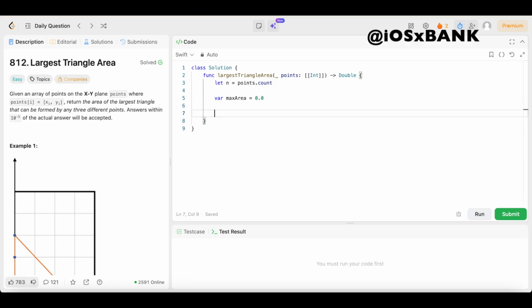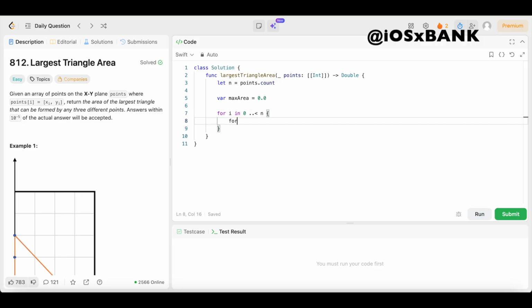Then we're going to iterate over all unique combinations of the 3 different points. So we're going to say for i in 0 dot less than n, open the brackets.